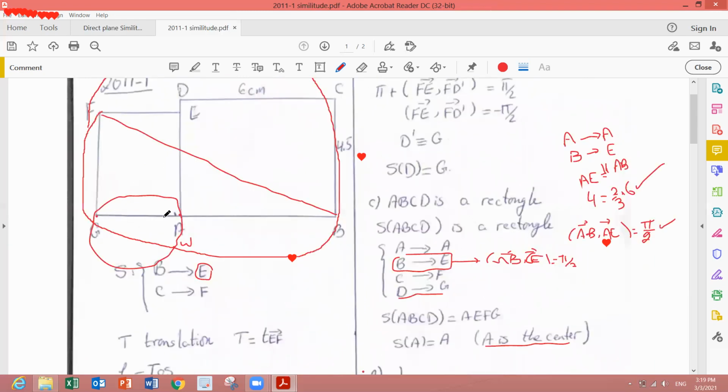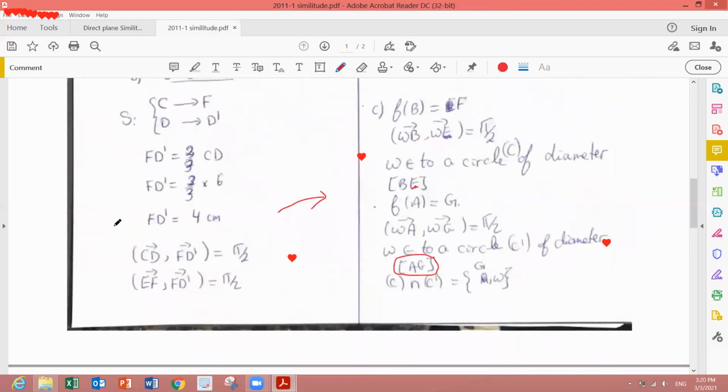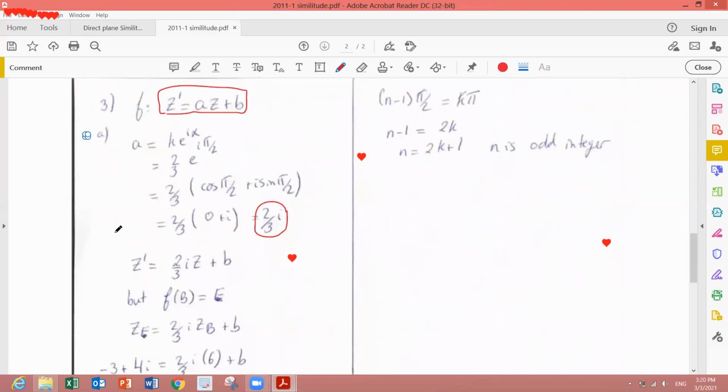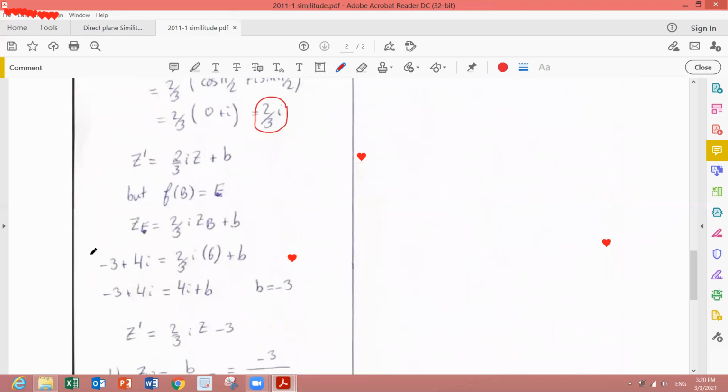Minus 3 plus 4i, I can write. Minus 3 plus 4i equals 2 over 3 i times ZB, which is 6. Minus 3 plus 4i equals 4i plus B, then B equals minus 3.